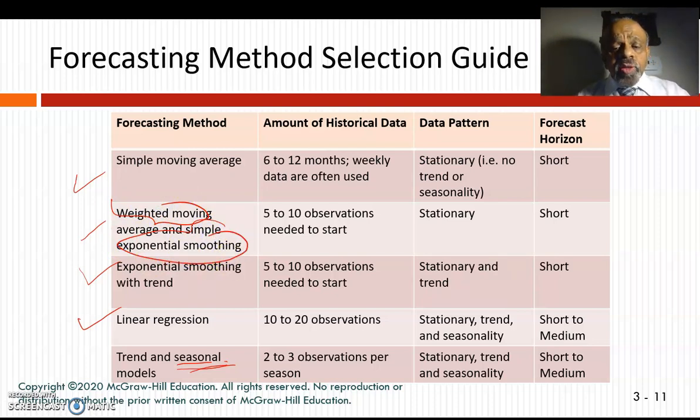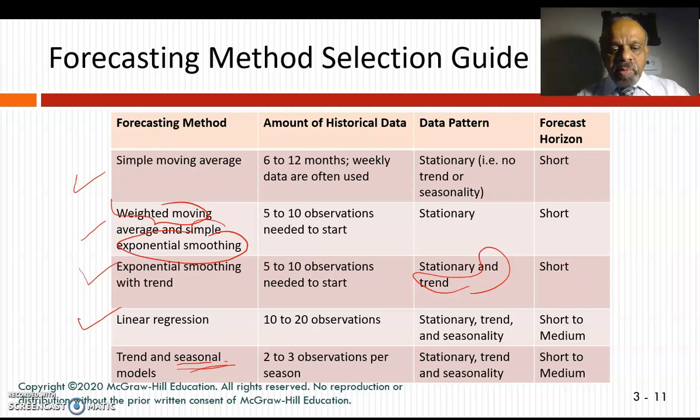The exponential smoothing with trend is used when there is trend basically. So this is a stationary thing, but then we are going to use trend. And we're going to also use it for a short forecast horizon, maybe 2 to 3 months, maybe less than 6 months. That's what we're talking about.